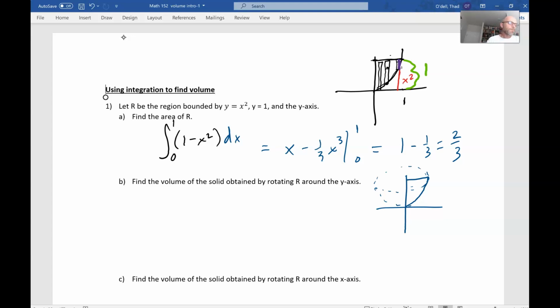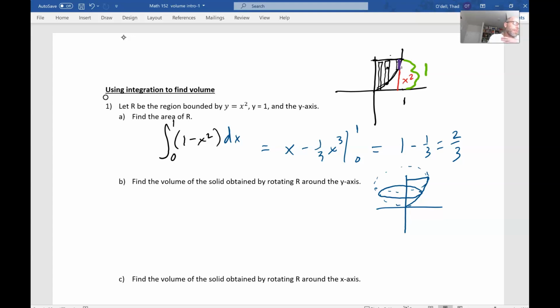I'm going to break that into little discs. As we talked about in class, these are really short cylinders. Now the first question we want to figure out is, is it a cylinder, not a washer, so there's no hole in the middle.